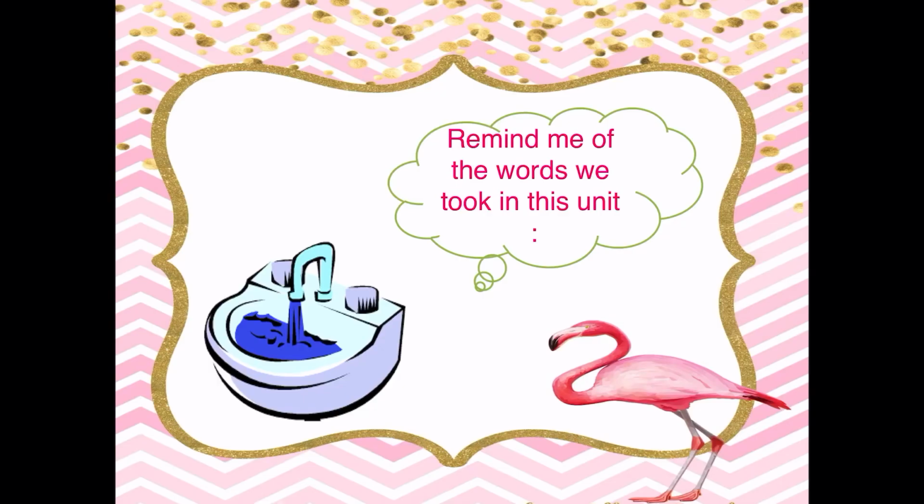My first question is, remind me of the words we took in this unit, Unit 19. The first word is sink. Who can give me the spelling of the word sink?